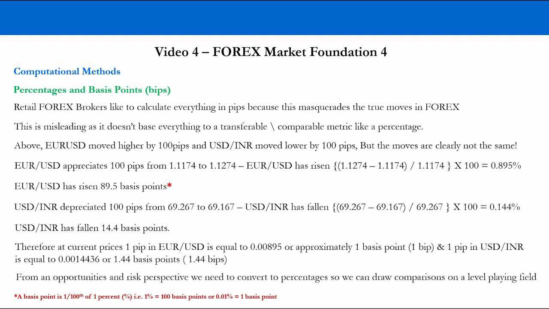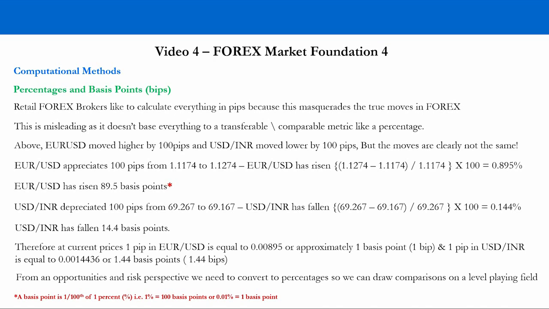So from an opportunities and risk perspective, what we actually have to do is convert everything to percentages. This is the only way we can draw comparisons on a level playing field.